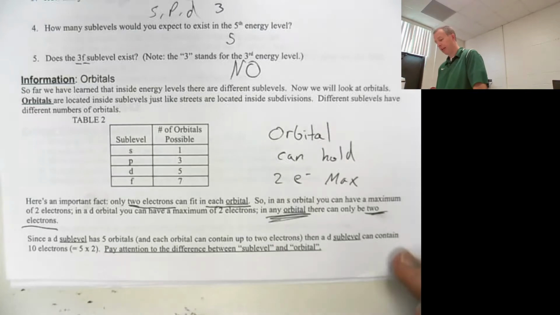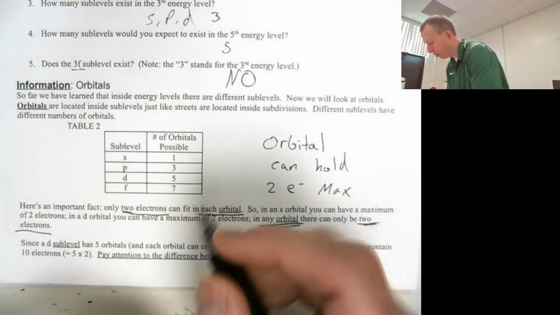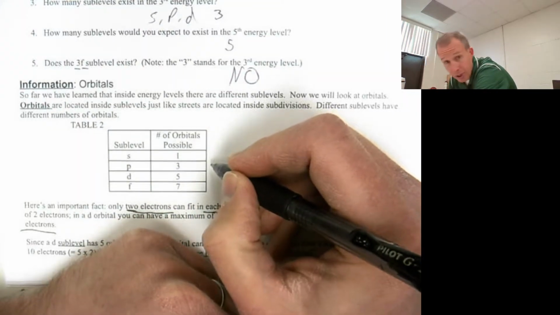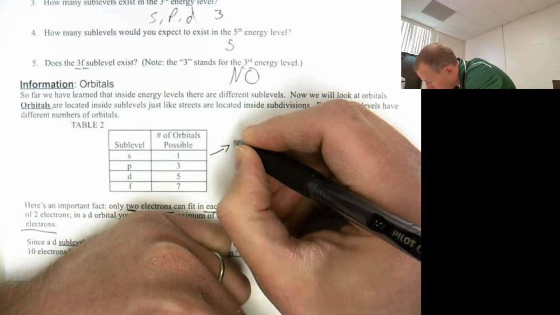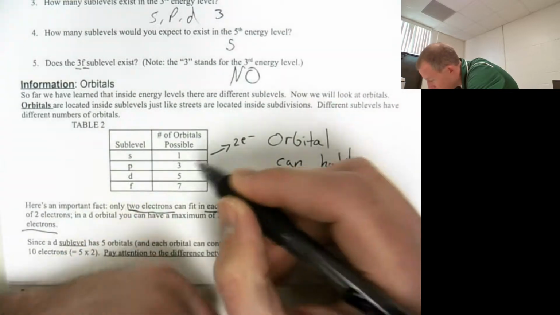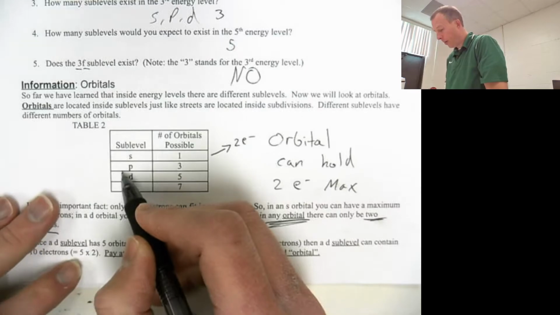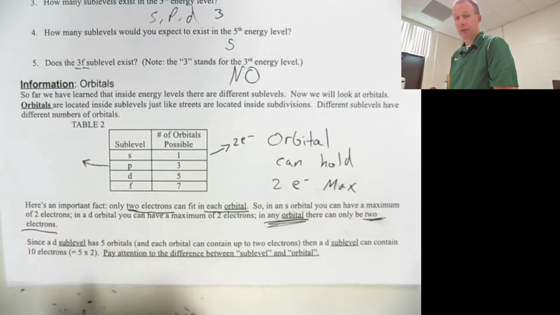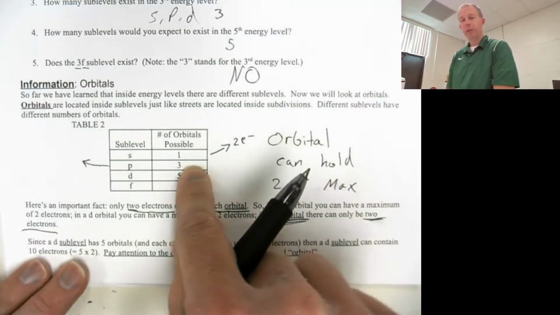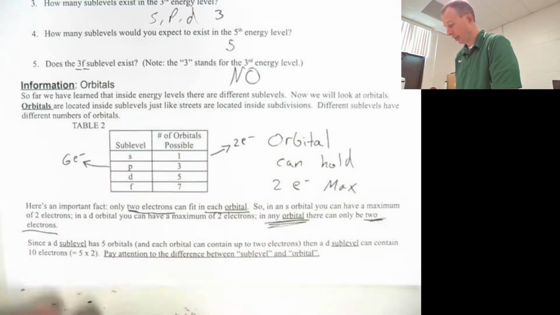If you think about this a little bit, how many total electrons can an S sublevel have? Total, you can have 2 electrons in an S sublevel, because there's only 1 orbital. What about a P sublevel? You have 3 orbitals, and each one can hold 2 electrons, so that would be a grand total of 6 electrons.